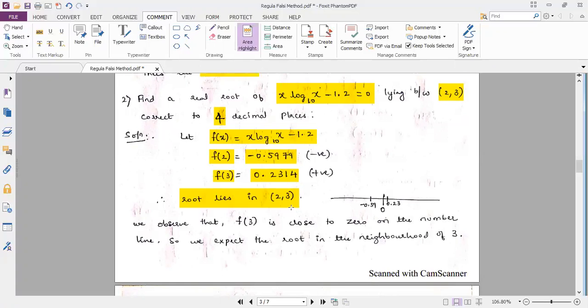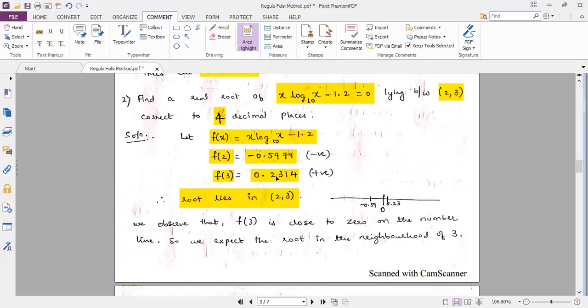With these large values of 2 and 3, if we proceed doing the iterations, we might have to perform more number of iterations. So let us find out a smaller interval in difference of 0.1, so that we can avoid doing more iterations and the answer converges very fast.